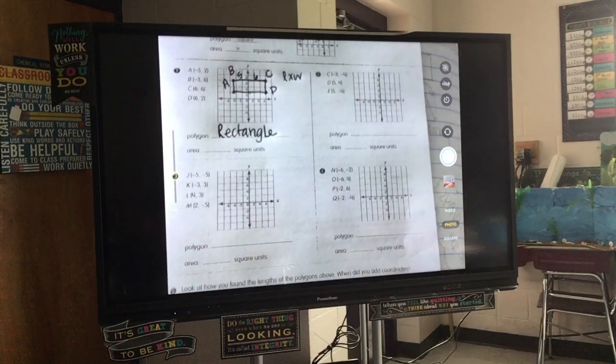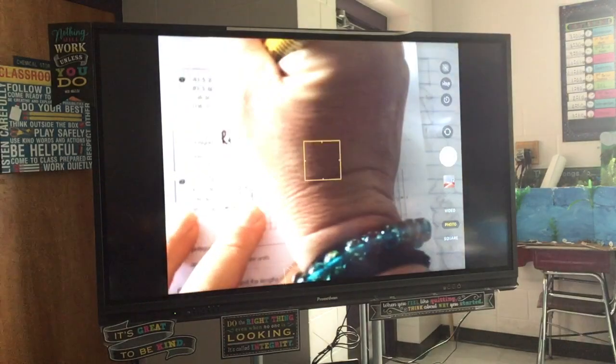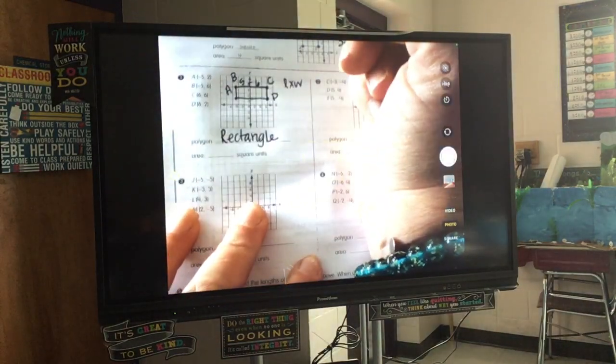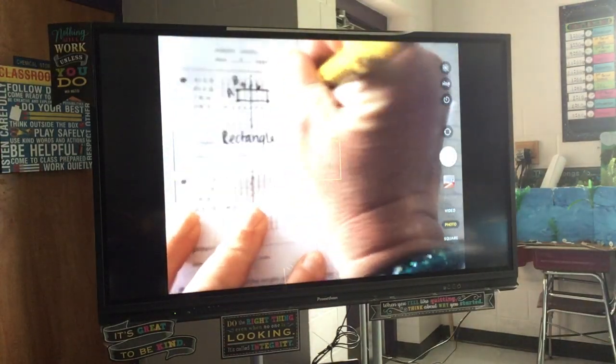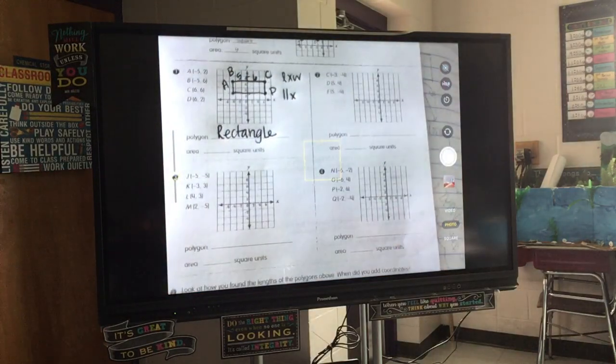How do I find the total of line B, C with 5 and 6 up there? What do I do with those two numbers? Levy. Yes, so what is 5 plus 6, Levy? 11. So I'm going to do 11 times, what's the value from C to D? Lily? 2. No. Why is it not 2, y'all?